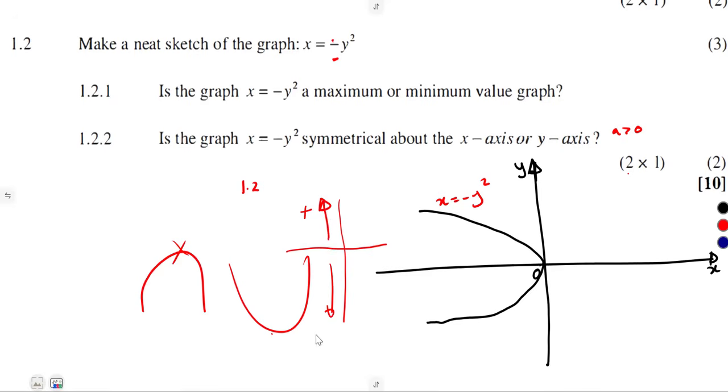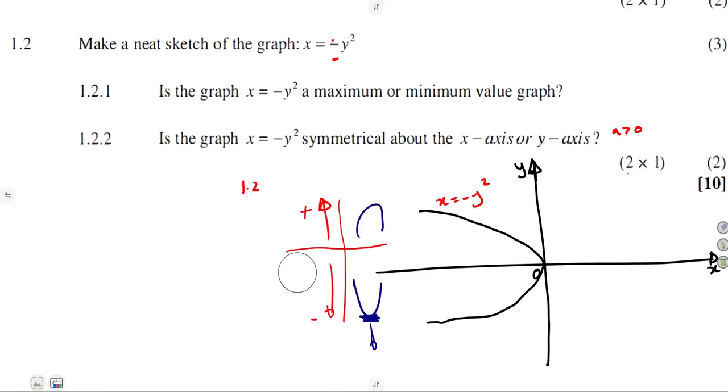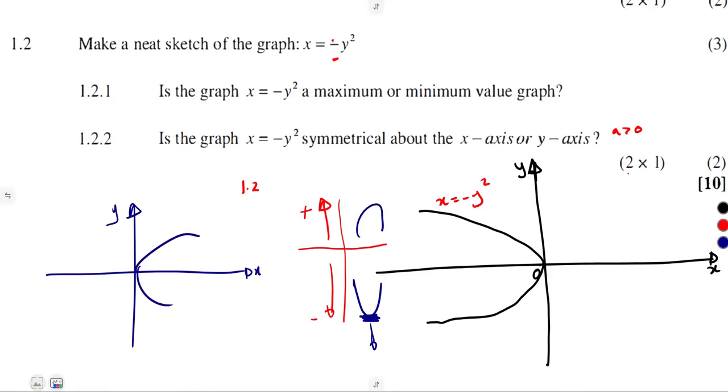As you are going down, they are negative. So this one that we are saying minimum, the least value that we can have, it's facing down to the negative. This one is facing up to the positive. So it is the same thing even for this type of graph. You can compare it using the same way. There are two of them, one which can be like this, and another one which we have in our case like this one.